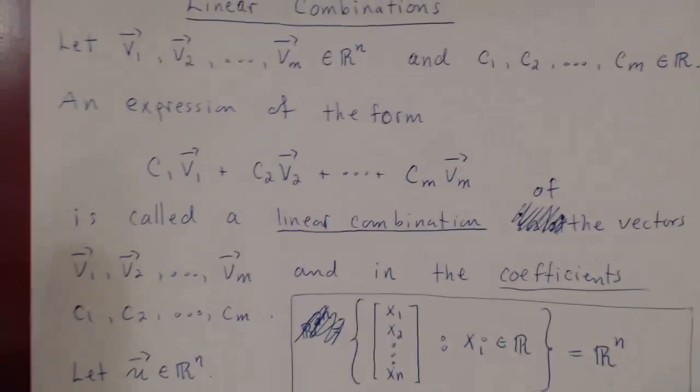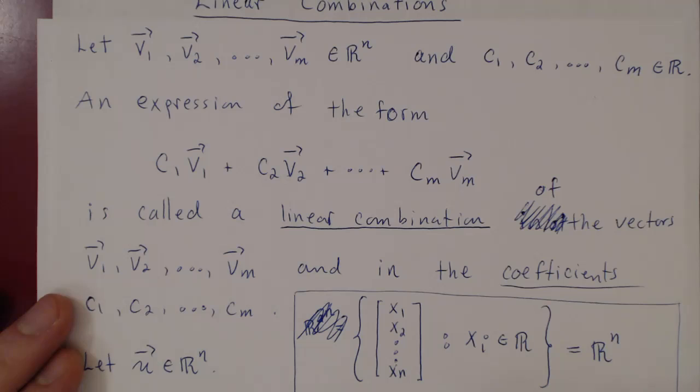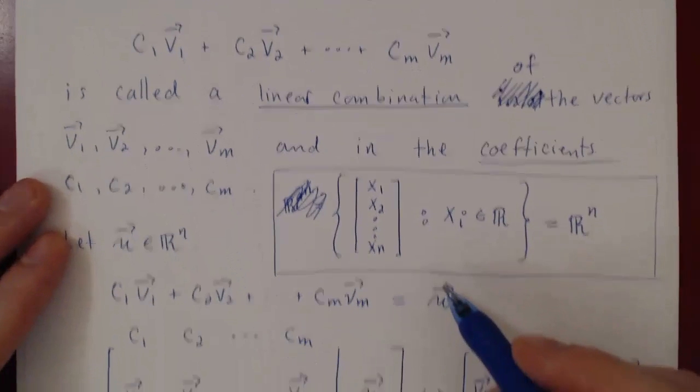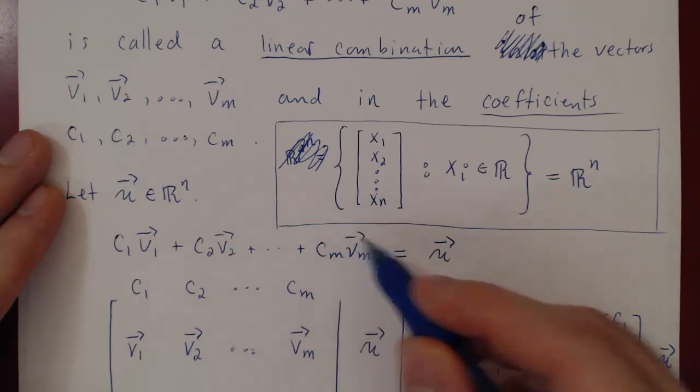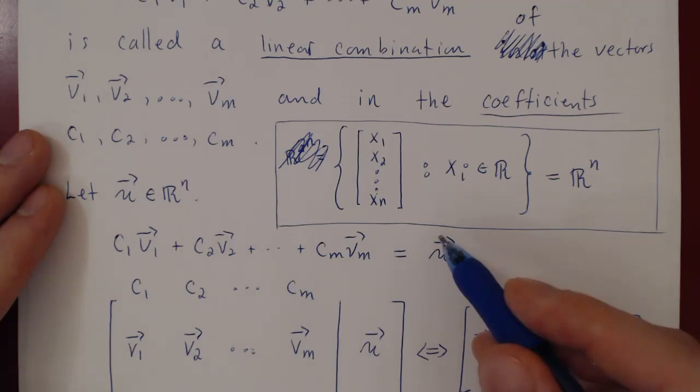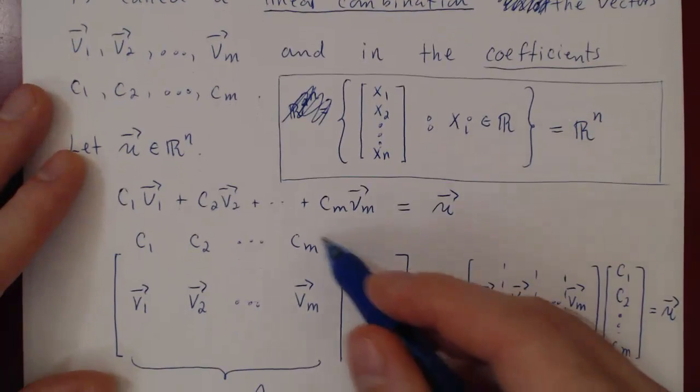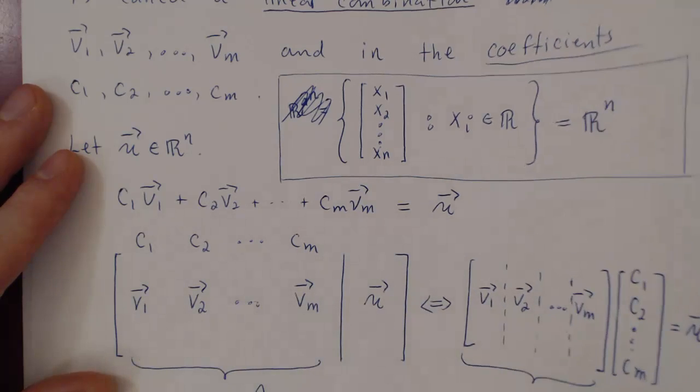And of course, one thing which is obvious from our conclusion that we have to solve a linear system is that sometimes we will have no solution. So it is possible that expressing u as a linear combination of m fixed vectors cannot be done, and this will translate into an inconsistent linear system.